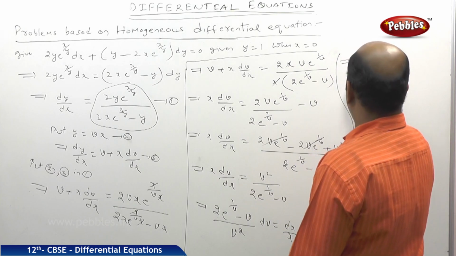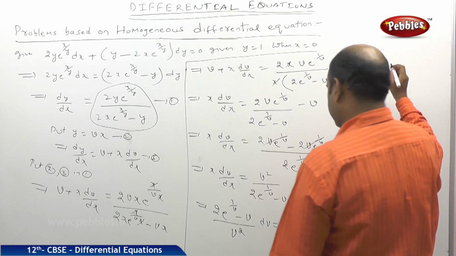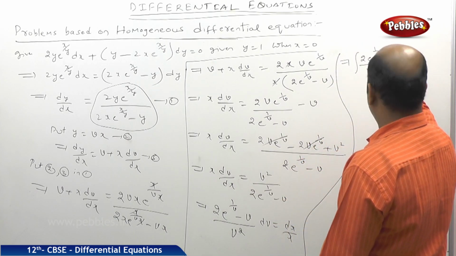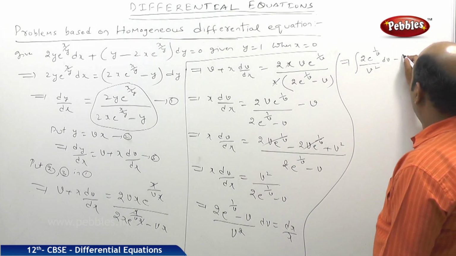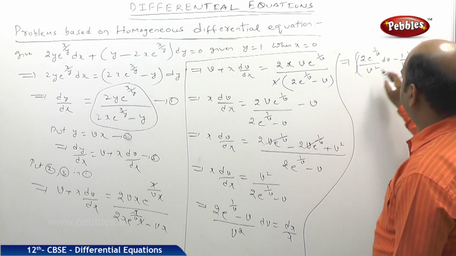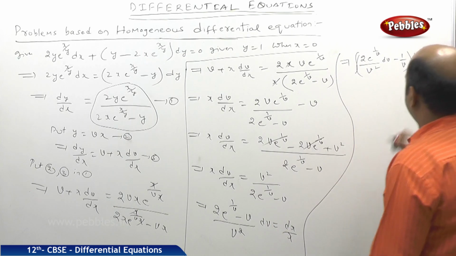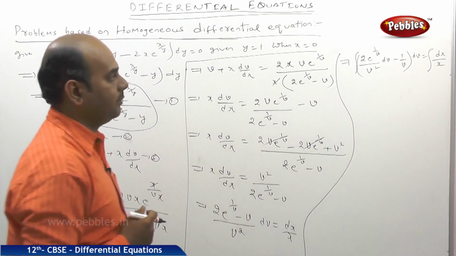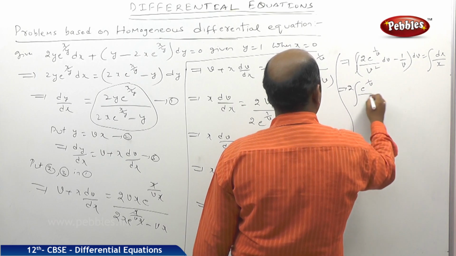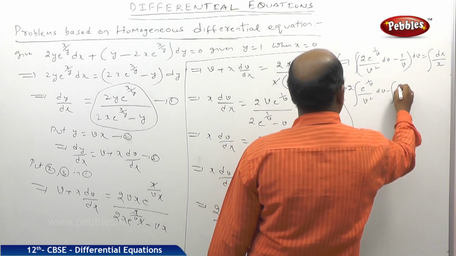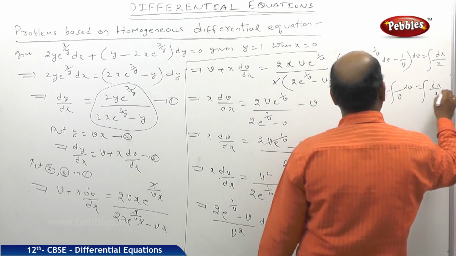If I make integral on both sides, integral of 2e power 1 by v square dv minus integral of 1 by v dv is equal to integral of dx by x. So what happens? Integrating individually, 2 outside, e power 1 by v square dv minus integral of 1 by v dv is equal to integral of dx by x.